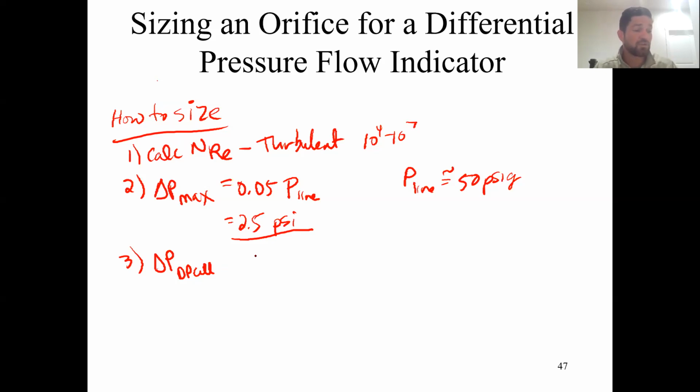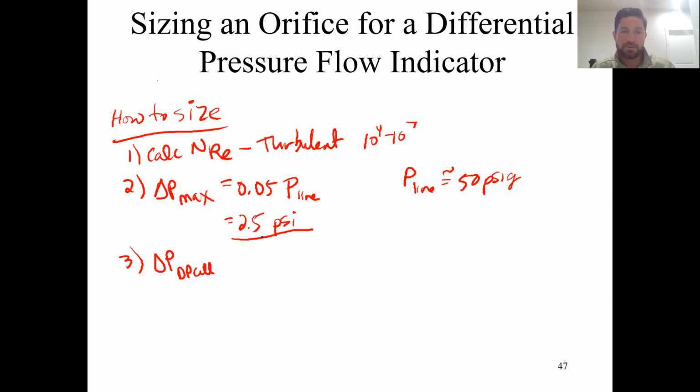So the general heuristic, at least as they mention in the textbook, and this is something you can relax a little bit if you need, but just justify it, is that the maximum DP at which you measure your flow should be 2/3 of the DP cell.